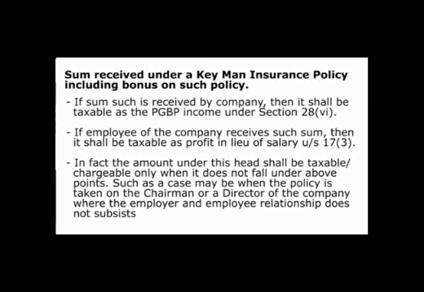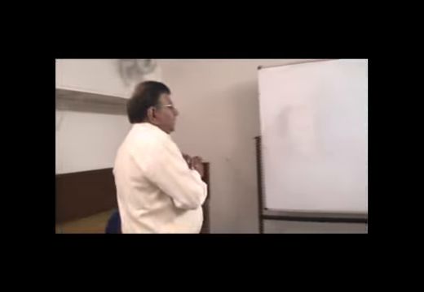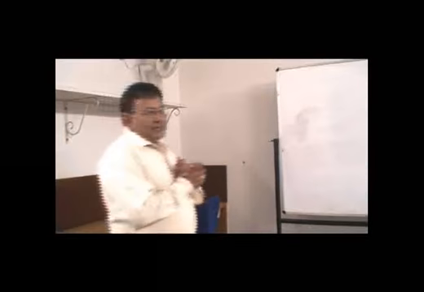Such a situation can be when the policy is taken on the chairman of the company or a director of the company, where the employer and employee relationship does not subsist. So only in that case the amount received from the insurance company on account of a Keyman Insurance Policy shall be taxable under this head.